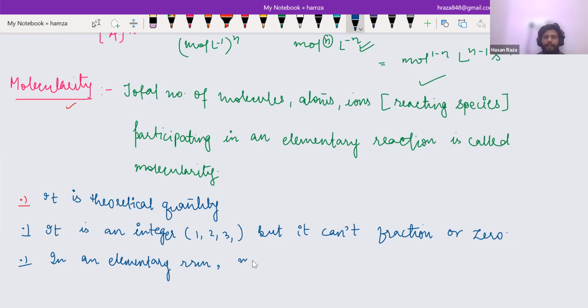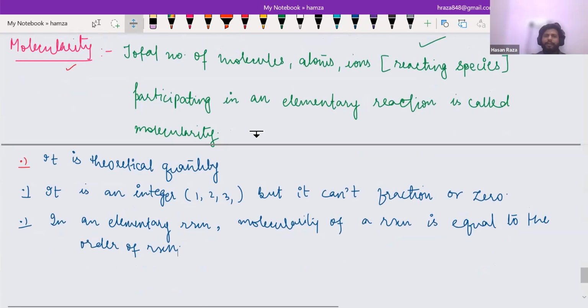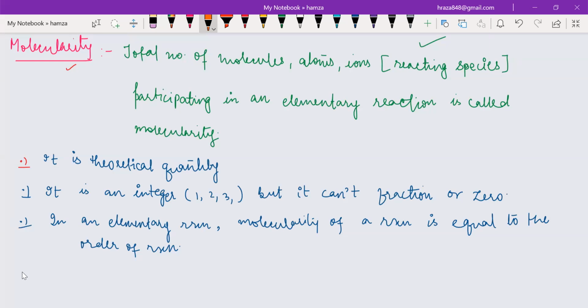So in an elementary reaction, molecularity of a reaction is equal to the order of reaction. First of all, molecularity is only defined for elementary reactions. It has no meaning for complex reactions, whereas order of reaction can be defined for elementary as well as complex reactions. Is that clear? Yes, sir.